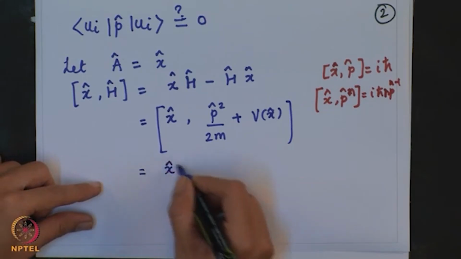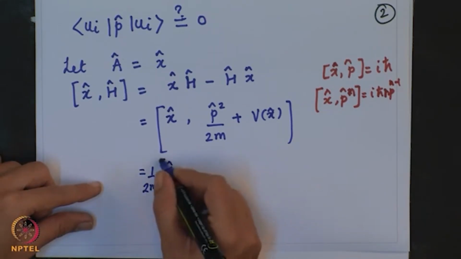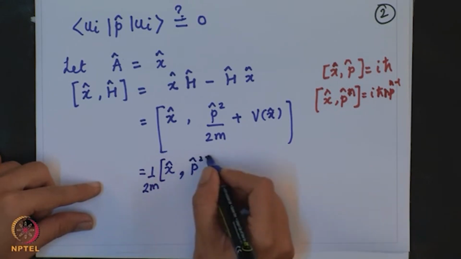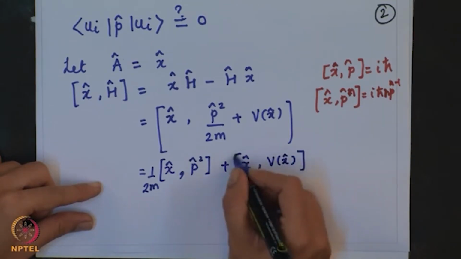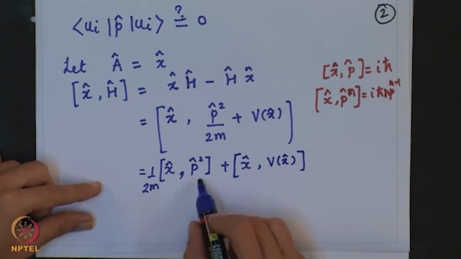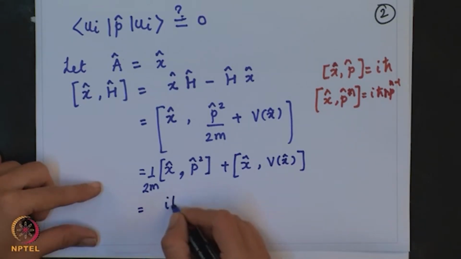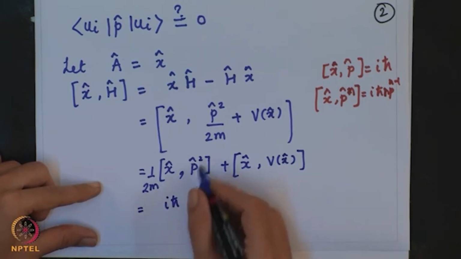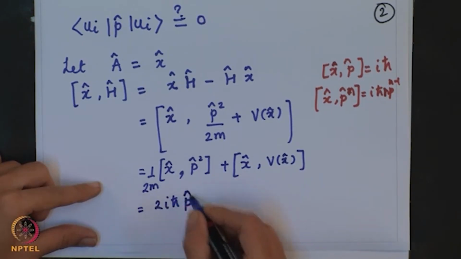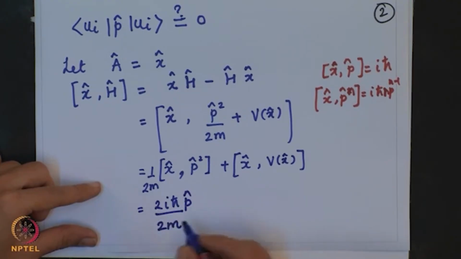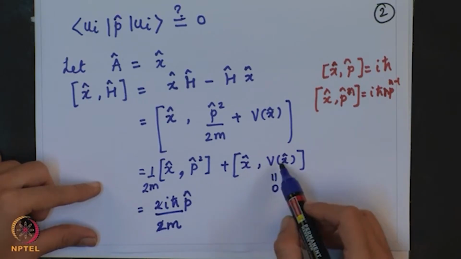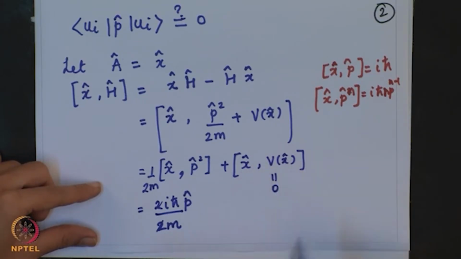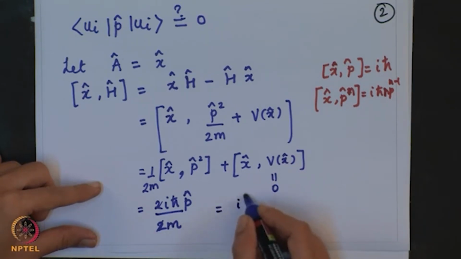Here you have 1 by 2m outside, and this plus the commutator of x and V. The commutator of x and p square will give me 2 i h cross p, so 2 i h cross p cap upon 2m. Assuming that V is linear, we obtain the commutator of x and V to be 0. So, this is i h cross p cap upon m.